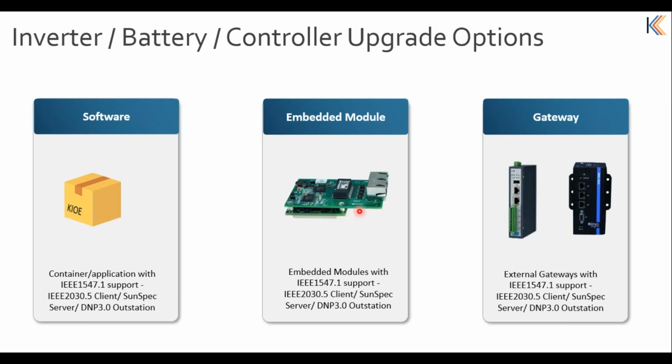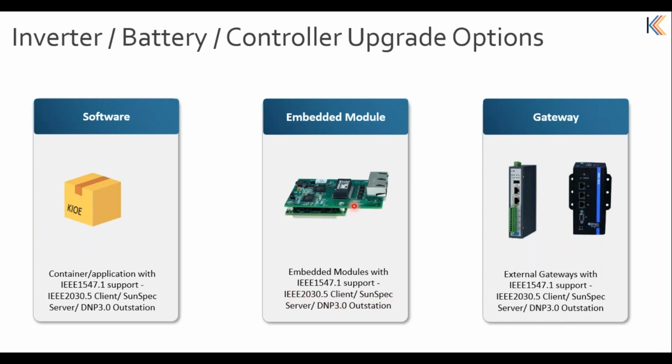So the embedded module, as you can see here, is a PCB card with a processor and memory, which has an inbuilt software stack in it. The software stack helps you to comply with the 1547.1 interoperability test requirements, that is, complying to any of these protocols.